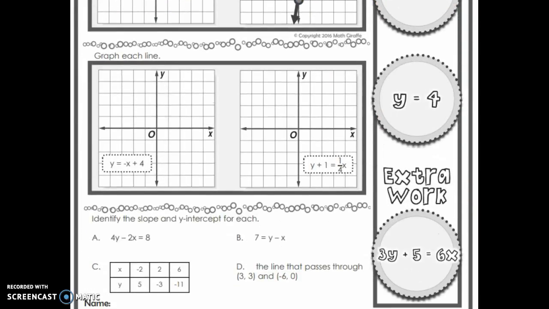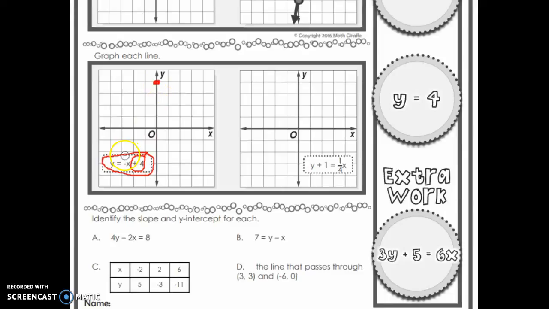Here's our next set of cases here. Now, a lot of times, they give you the equation like this, and you have to graph it. Okay, so remember on the page before, we learned that we always start at the y-intercept, which is at 4 in this case. I'm going to count up to 4. 1, 2, 3, 4. Here's my first point.